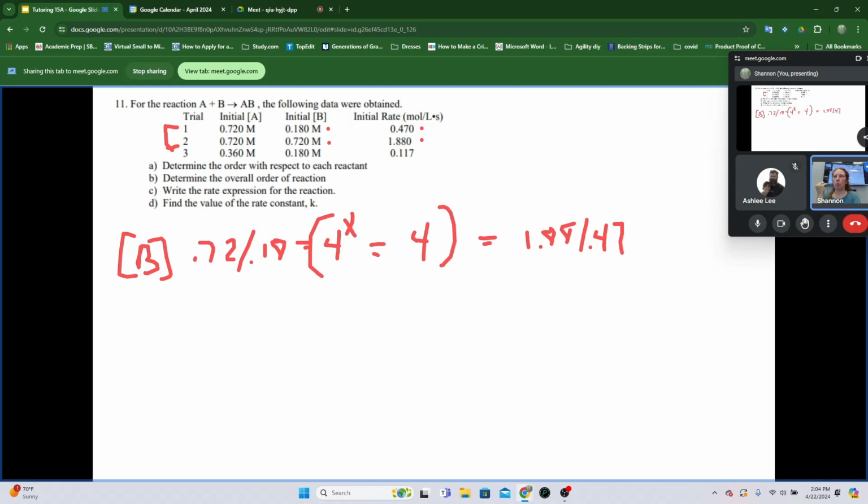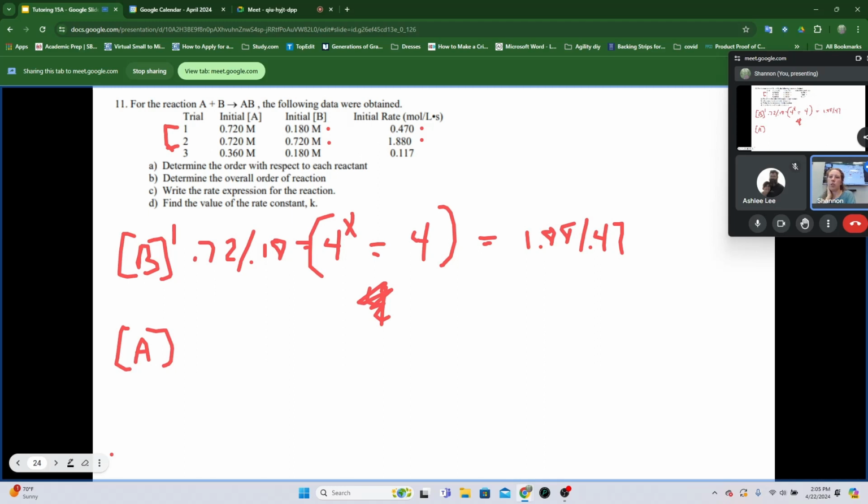How many times do I multiply 4 by itself to get 4? It's just 1, not 4 times 4 times 4 times 4. So the exponent on B in my rate equation is going to be 1. And for A, I do the same thing. I'm going to change colors here.